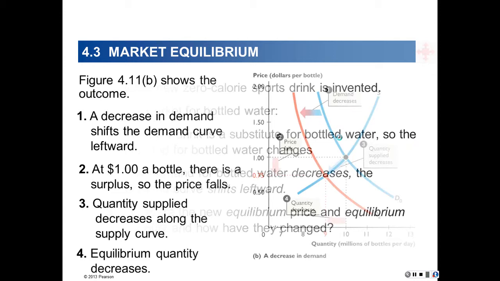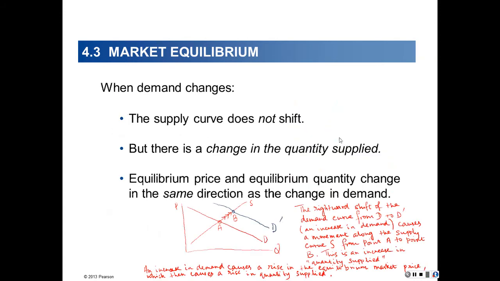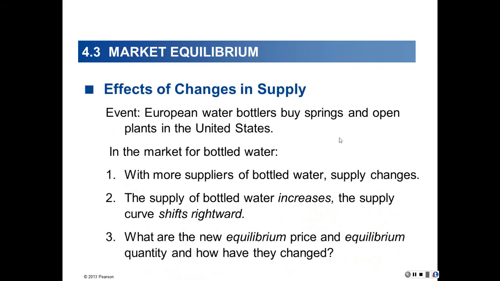You're going to look at a few more events here, okay? We discussed this already. And now we're going to look at something that causes supply to change. It says here the event is that European water bottlers buy springs and open plants in the US. So this is the US market for bottled water.